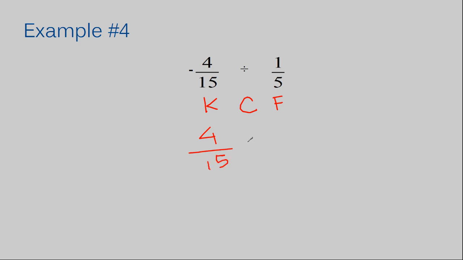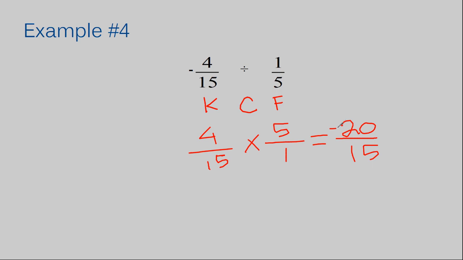I'm going to change my division sign to multiplication, and I'm going to flip my 1/5 to its reciprocal, which is going to be 5 over 1. And now I'm going to solve this like a regular multiplication of fractions problem, which would be 4 times 5, which is 20, and then 15 times 1, which is 15.